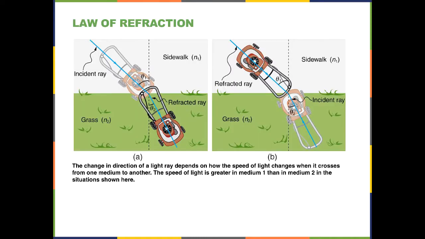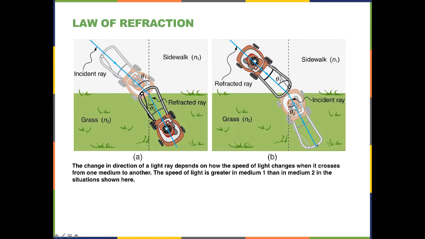Now, refraction causes the light rays to bend, as we said, and this bending depends on whether the incident ray enters from the side in which it travels faster to slower, in which case it bends toward the normal. So from faster to slower, if the light ray slows down, it bends toward the normal.